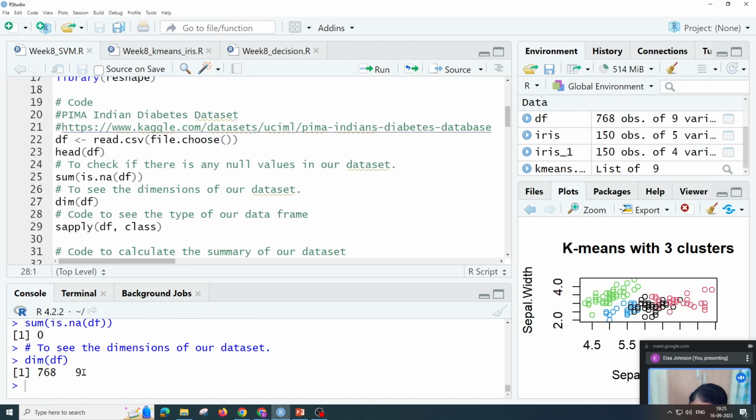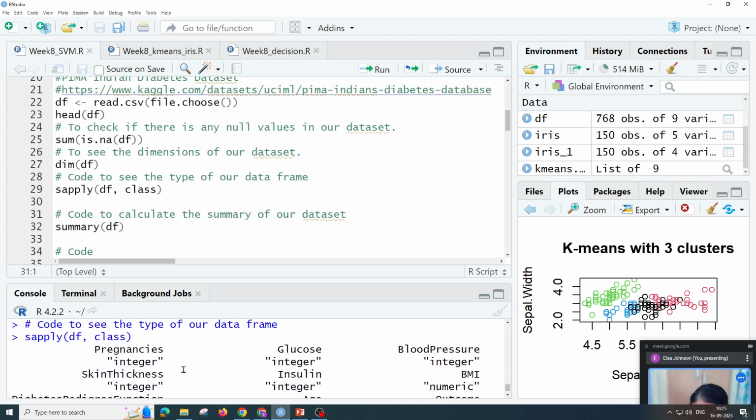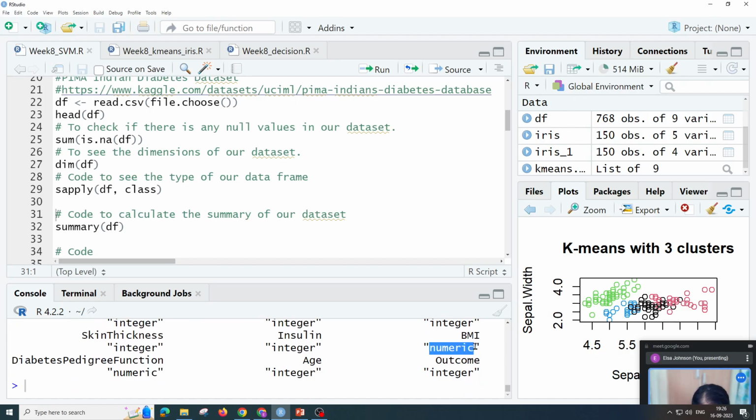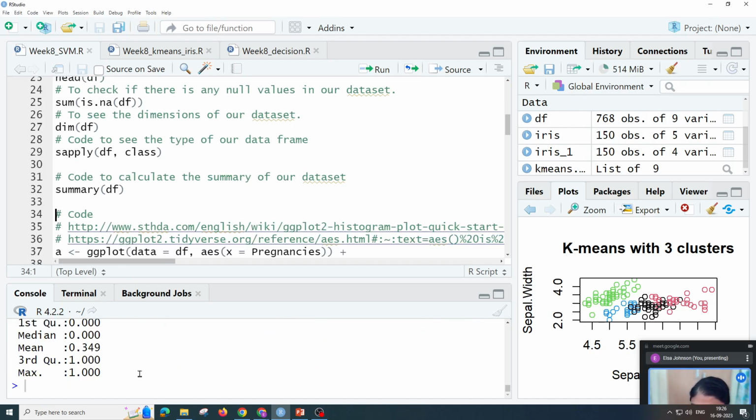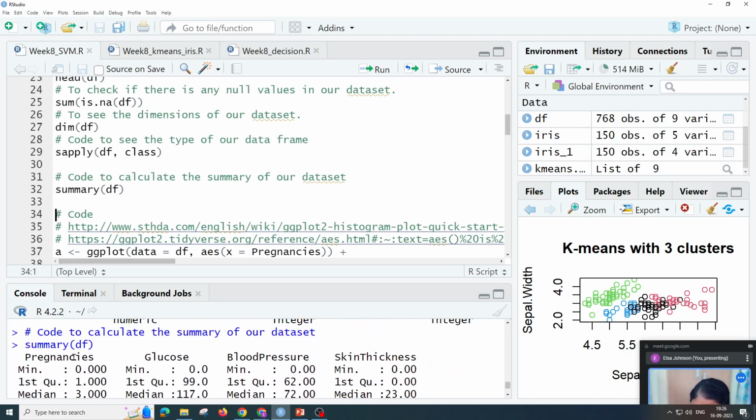The dimensions we have already seen, and to see the type of our data frame, here you can see all are taken as integer, BMI is numeric, diabetes pedigree function is numeric, and outcome is also taken as integer. This is how it is loaded automatically. If we have to make any changes, we have to specify that. Now if you do a summary of df, it comes like this.